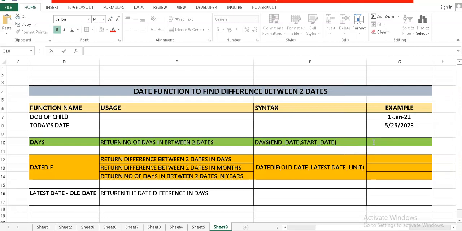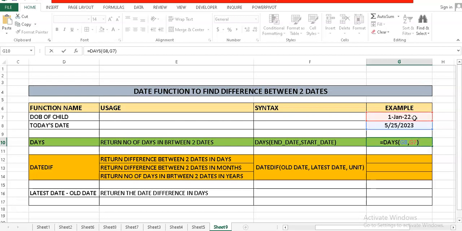So let's see the formula over here: equal to DAYS function, into the bracket. We are going to mention the cell reference of the end date, that means the current date, that is today's date or the latest date, that is 25th of May 2023, comma, the start date or the old date, that is the 1st Jan 2022.